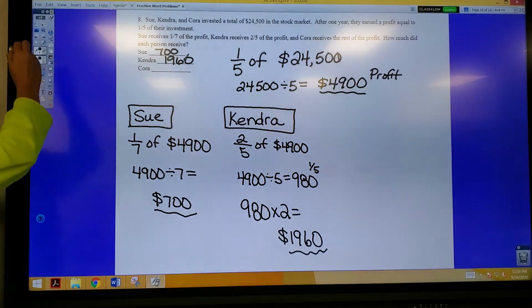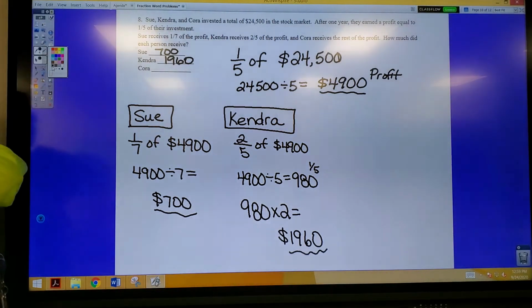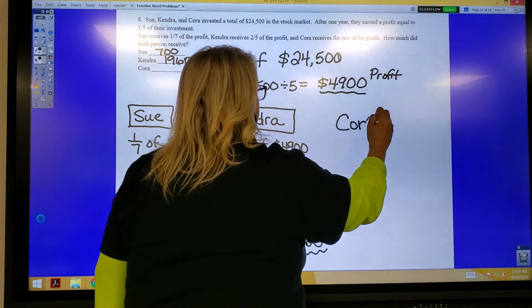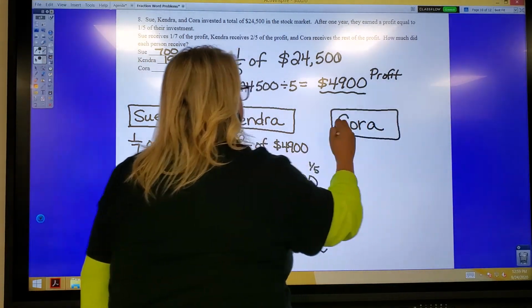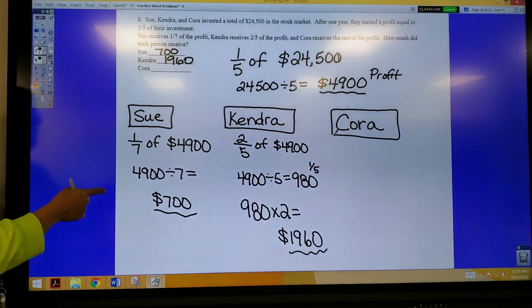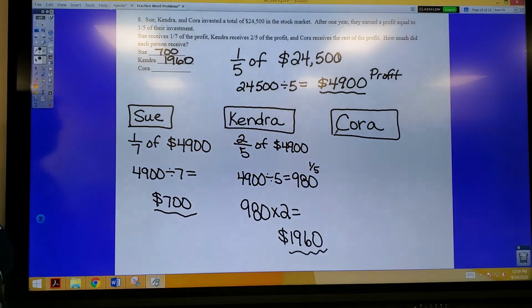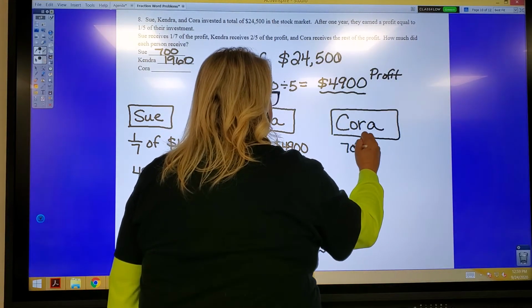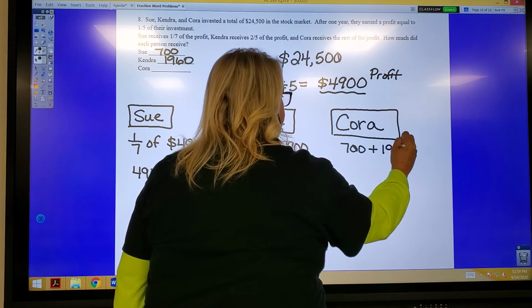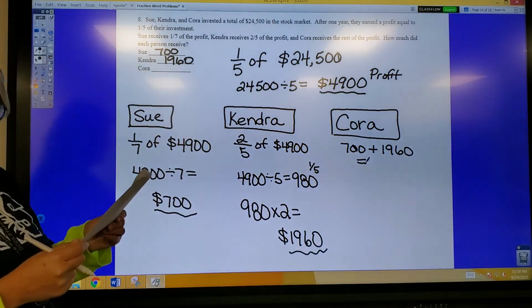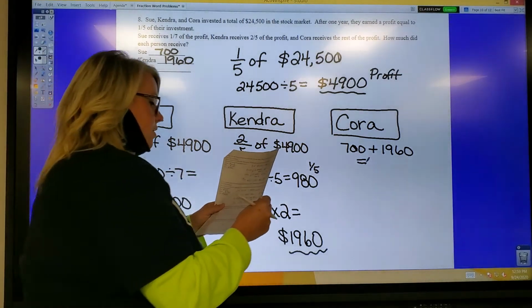All right, lastly, Cora gets the remaining amount. So we need to figure out how much we have already given to Sue and Kendra. Sue got 700, Kendra got 1,960. So I'm going to add these 2 numbers together, 700 plus 1,960.